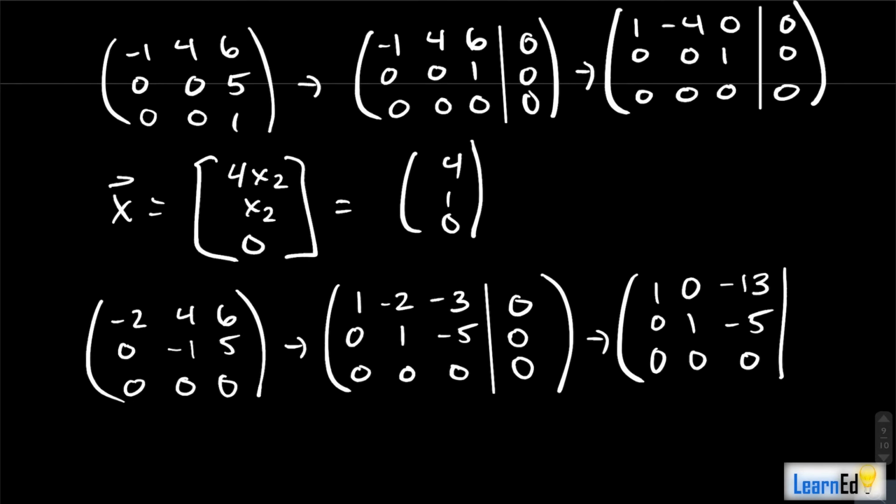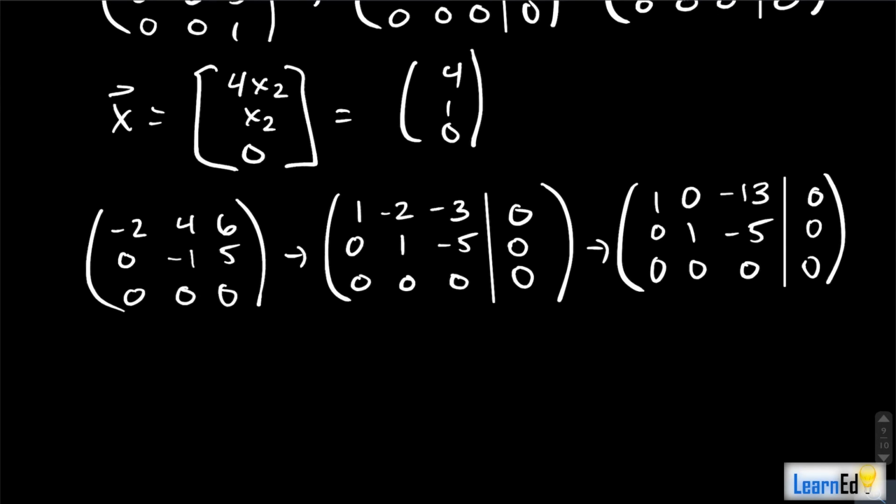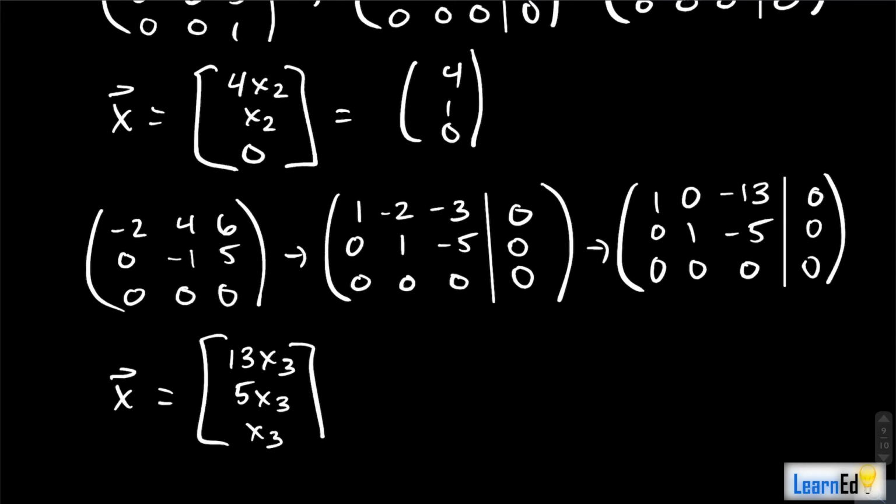And I'll have a 0, and that'll be 0, like so. Okay, so now we have x1 and x2 being described in terms of x3. So x1 is 13 x3, x2 is going to be 5 x3, and then x3 is free. So we get 13, 5, 1.